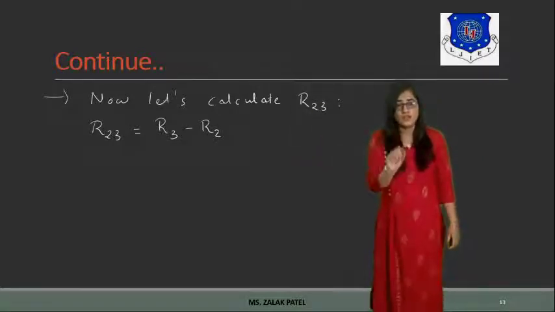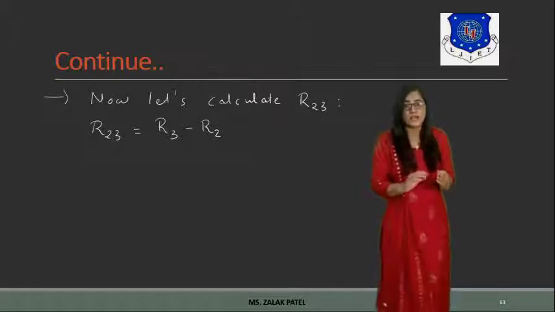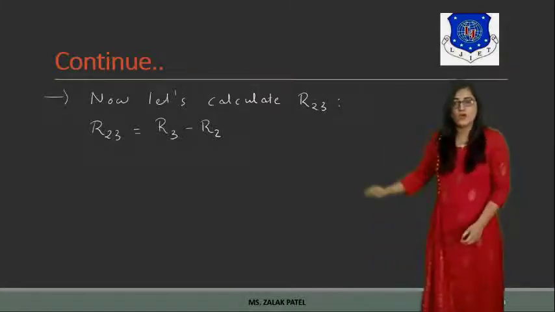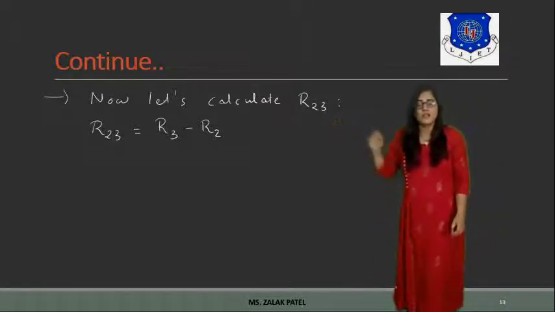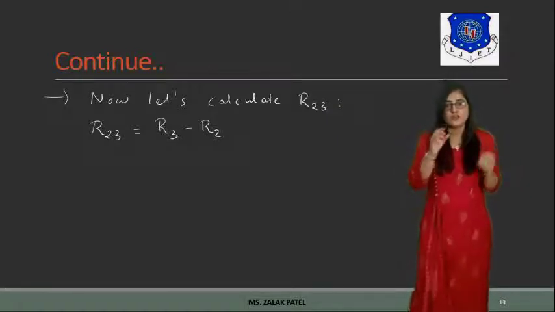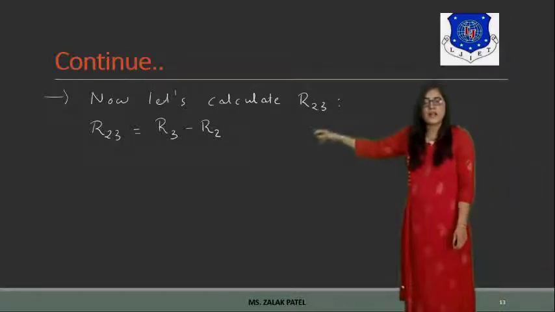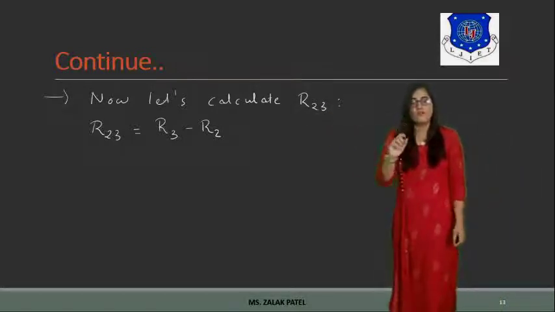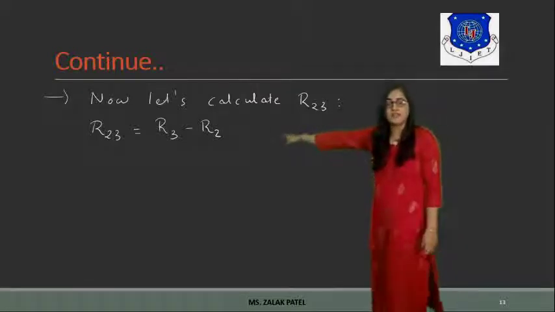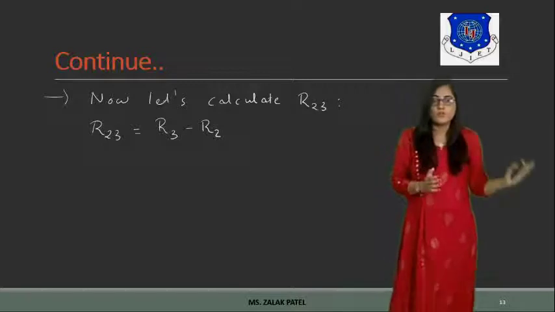The distance R23 means R3 minus R2, because our source point is point 2. That's why we subtract it from the location of the Q3 charge, that is R3. So R3 minus R2.